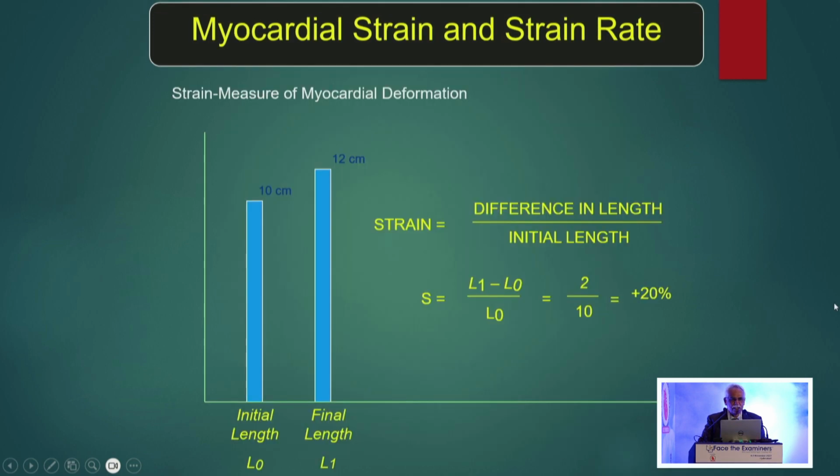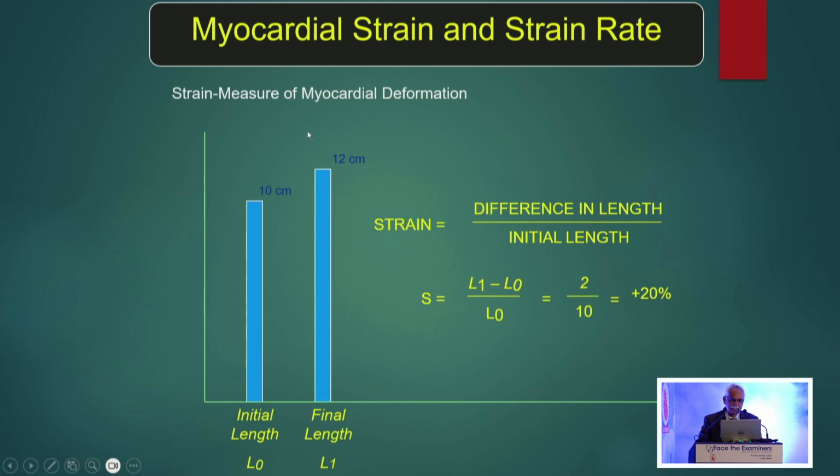To give you a graphic example, say the initial length is 10 centimeters. During the contraction, it increases to 12 centimeters. The difference between the two is 2 centimeters. 2 divided by 10 is 20%.